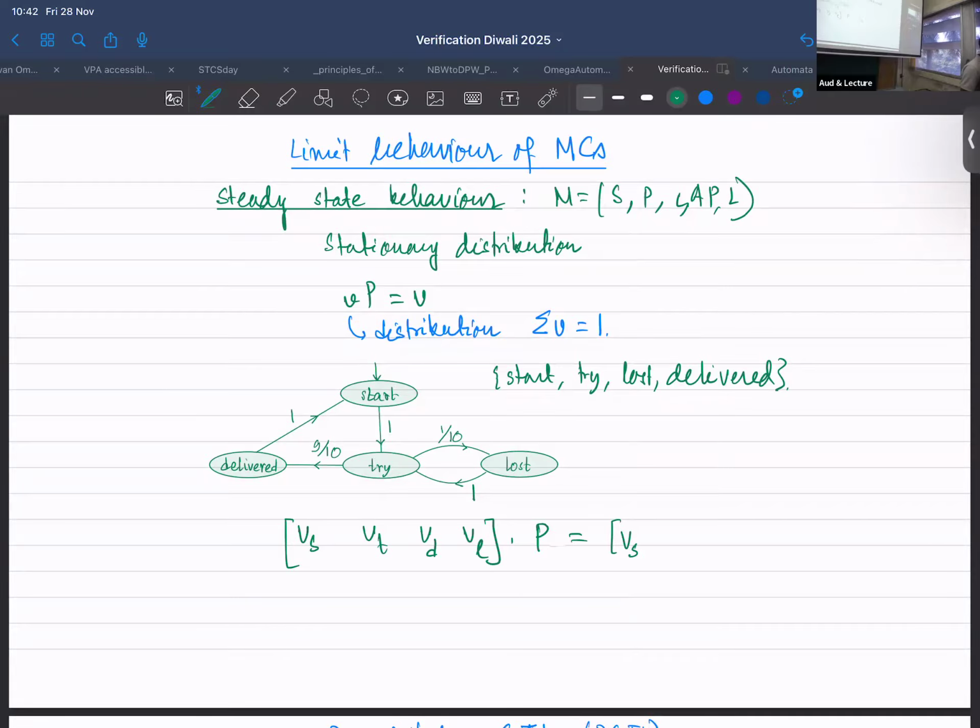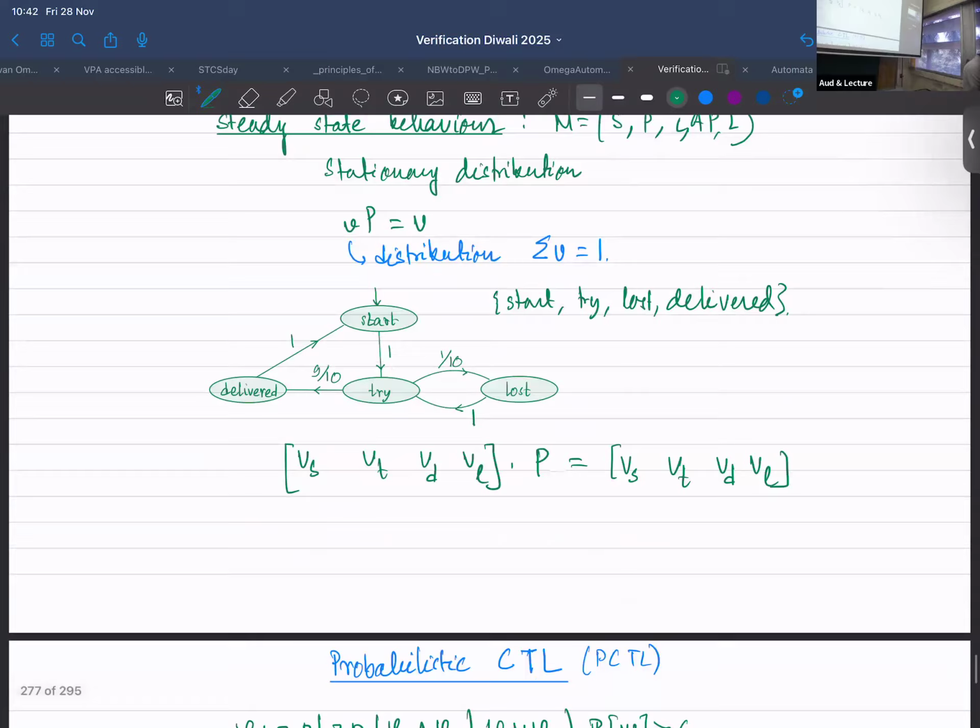Clear? Because if it is steady state, then this transition sequence is not going to change the distribution further. It's in a steady state, like Vt, Vd, Vl.